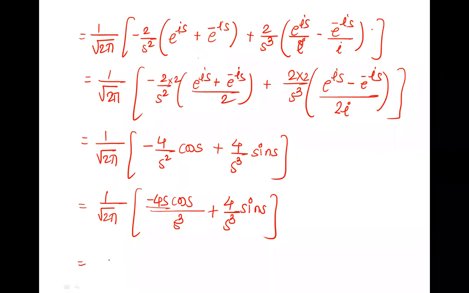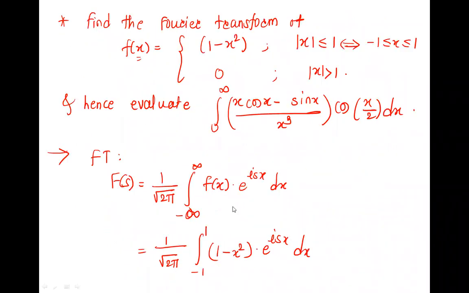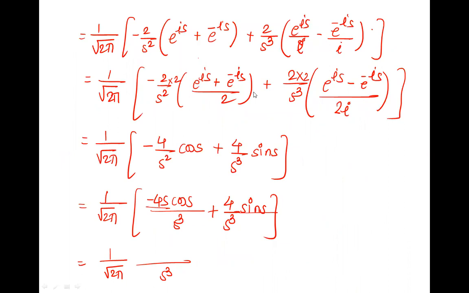Right. So it is 1 upon root 2 pi, upon s cube is there now. The denominator for both of them is s cube, so it is combined. And in the numerator, what is there? Check here. Is it x cos x minus sin x we are getting? Yes, we are getting something like that. For that, what should we take out from the numerator? Minus 4. So it is s cos s minus sin s.